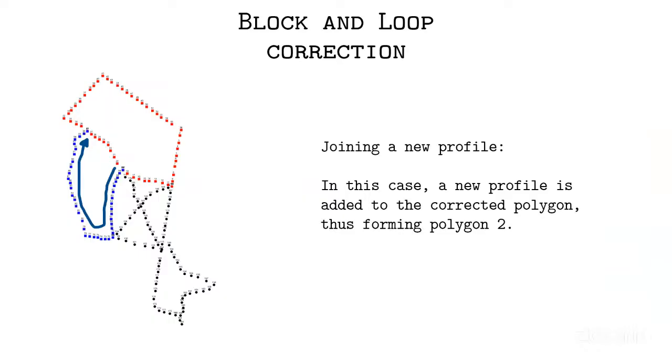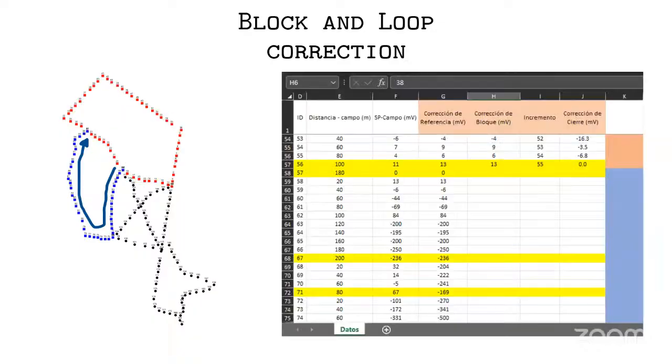In this case, we join a new profile. It's a join of a profile not corrected to a profile corrected. A new profile added to the corrected polygon is forming polygon 2. The process is similar. Identify the starting point common to the corrected profile. In this case, it is 56, 57 equals 19.